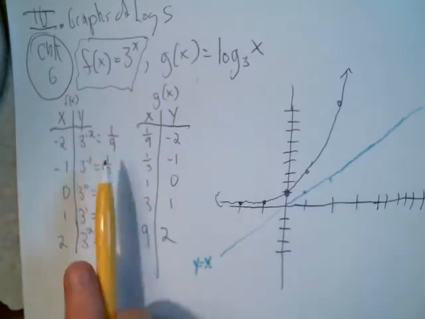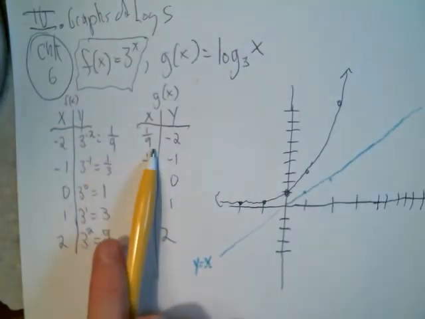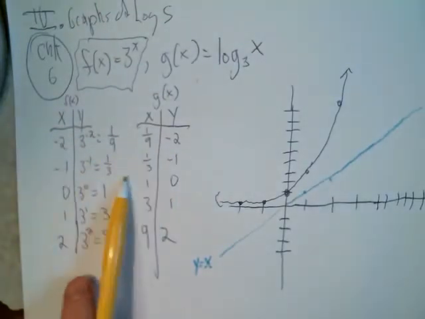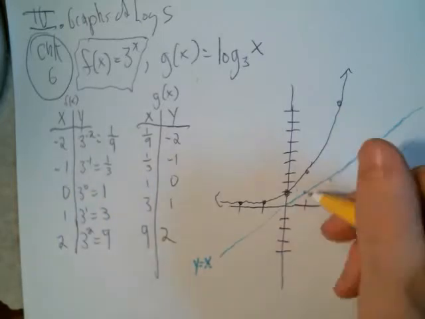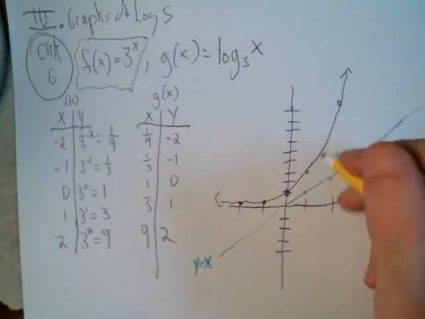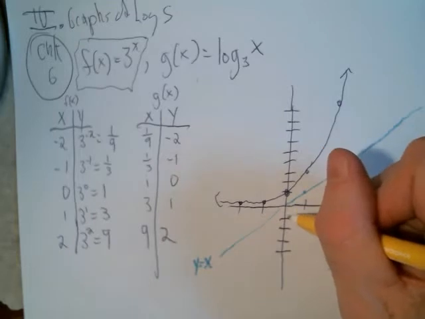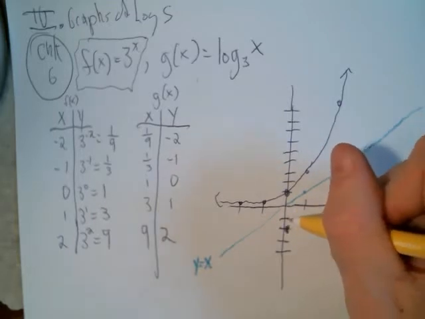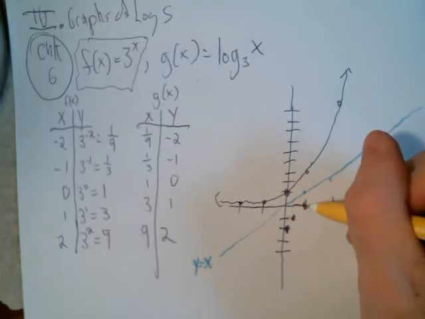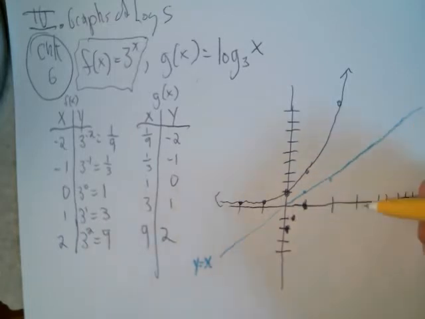So you see I just took this y value and made it the new x value. Hopefully that's obvious. So 1/9, -2; 1/3, -1; 1, 0; 3, 1; and then 9, 2.